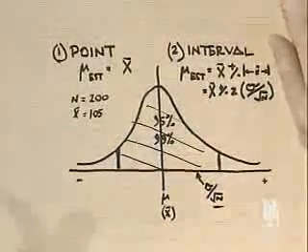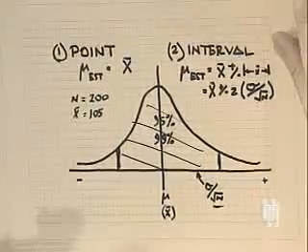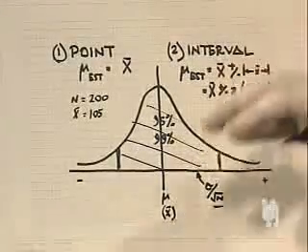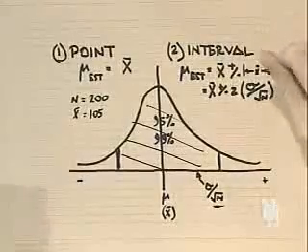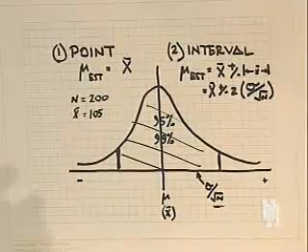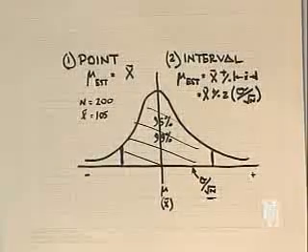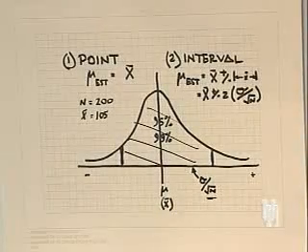The next idea that we introduced into this discussion was the notion of confidence levels or confidence intervals. And I indicated, and a confidence level is simply the level of confidence associated with the estimate.